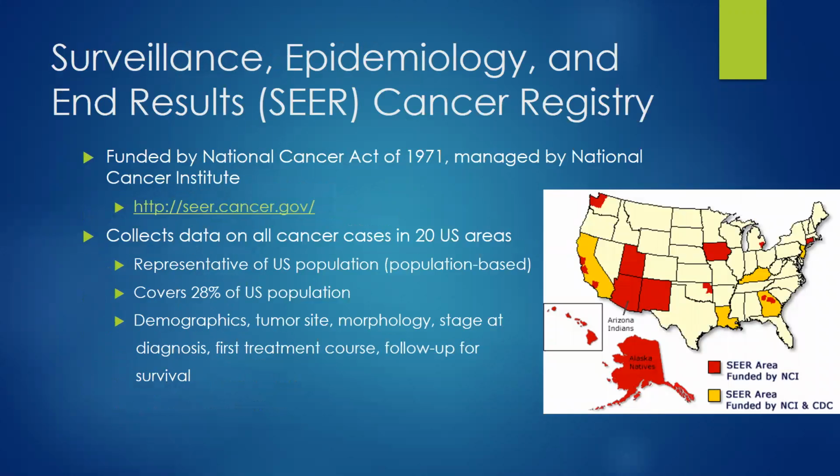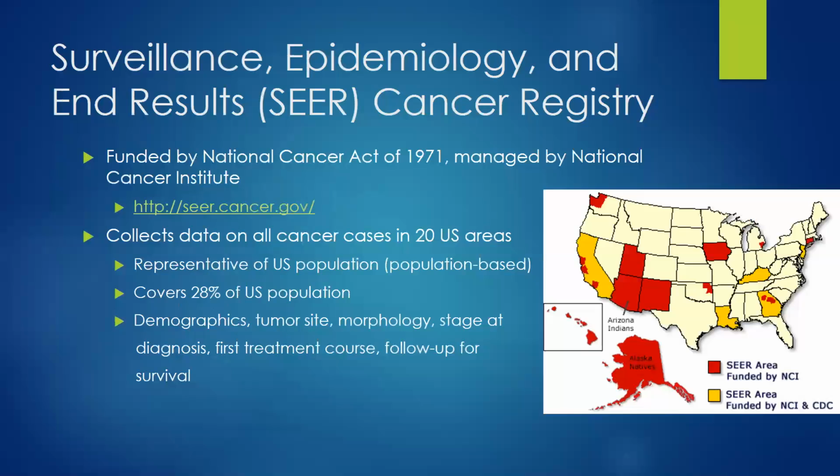So perhaps the most well-known registry is the SEER registry, which is Surveillance, Epidemiology, and End Results. It's a cancer registry. It's headed up by the National Cancer Institute, funded by Congress, and it collects data on all cancers in 20 areas within the US.